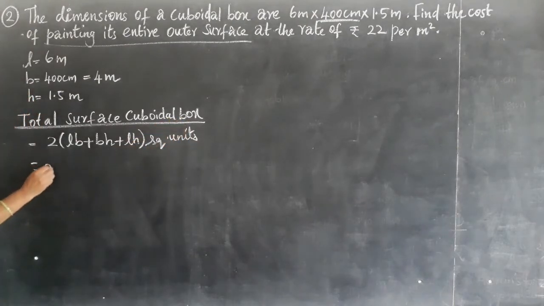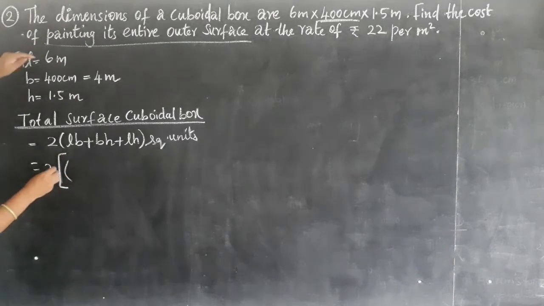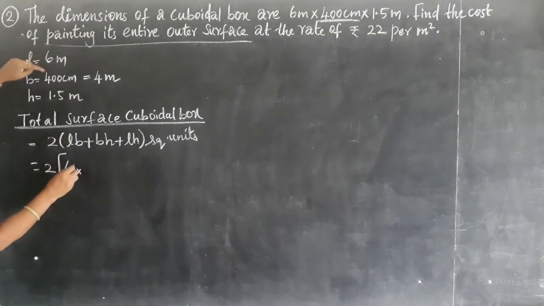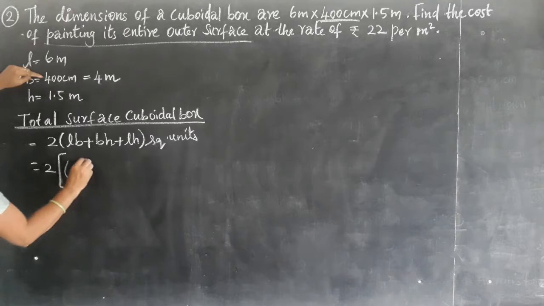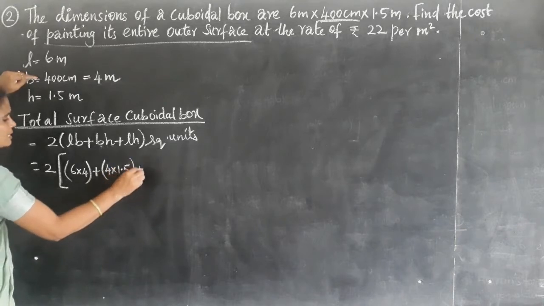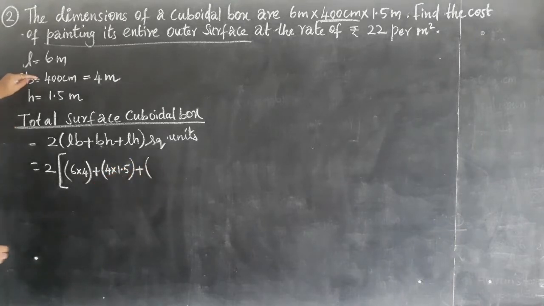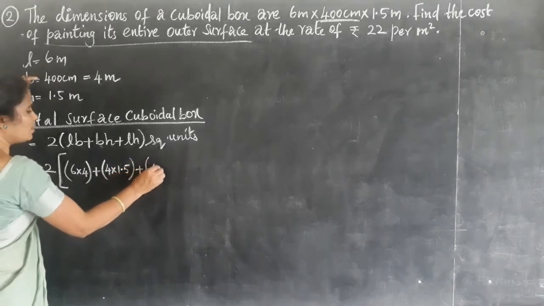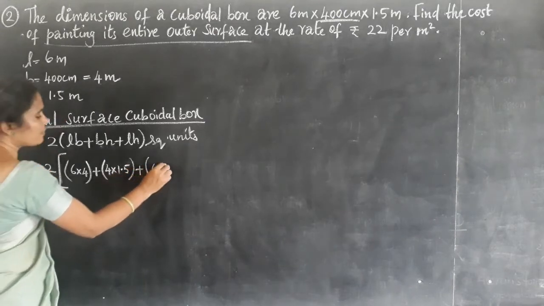Okay. So 2 (length into breadth, 6 into 4, plus breadth into height, 4 into 1.5, plus length into height, that is 6 into 1.5).